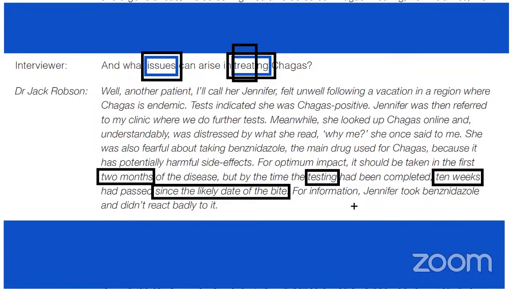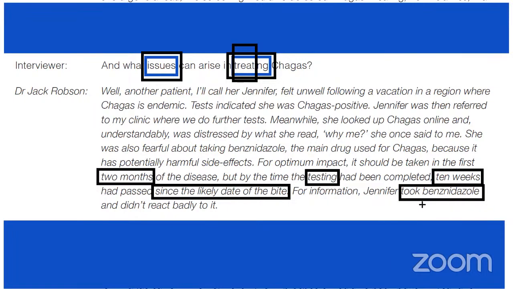Try to understand here. Testing is over, but taking treatment, that is taking benzimidazole. What is that medicine?